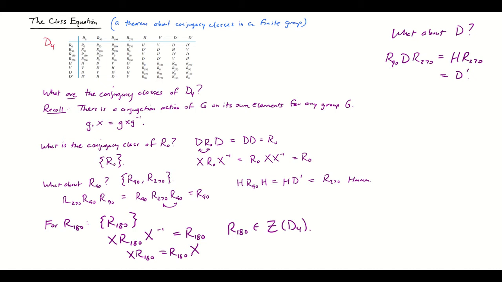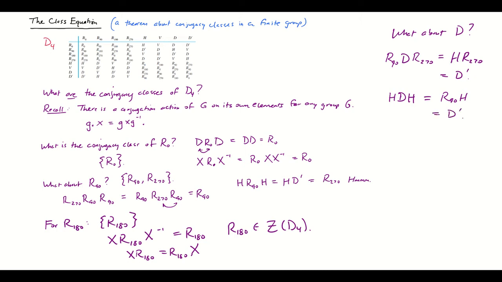What about if I conjugate with something else? Let's try a reflection, because I know that conjugating with the identity or with R180 isn't going to do anything, because those are both in the center. But what if I try something like, I don't know, HDH? What would that be? HD, it looks from the table to be R90, and then multiply that by H. R90 times H is D prime.